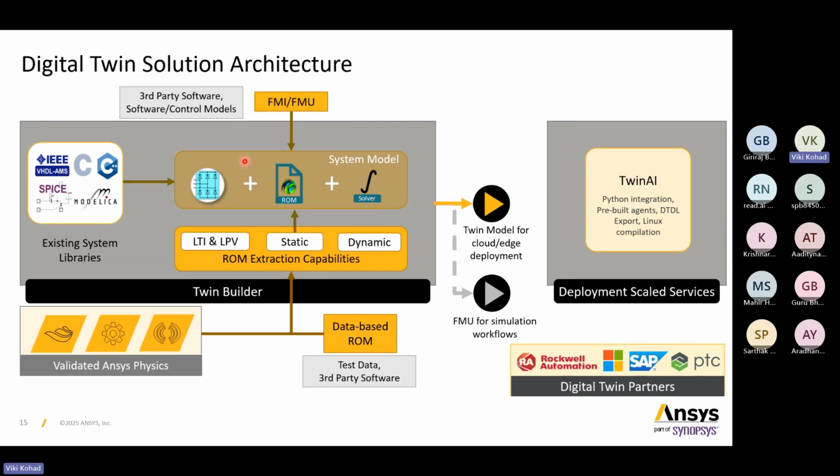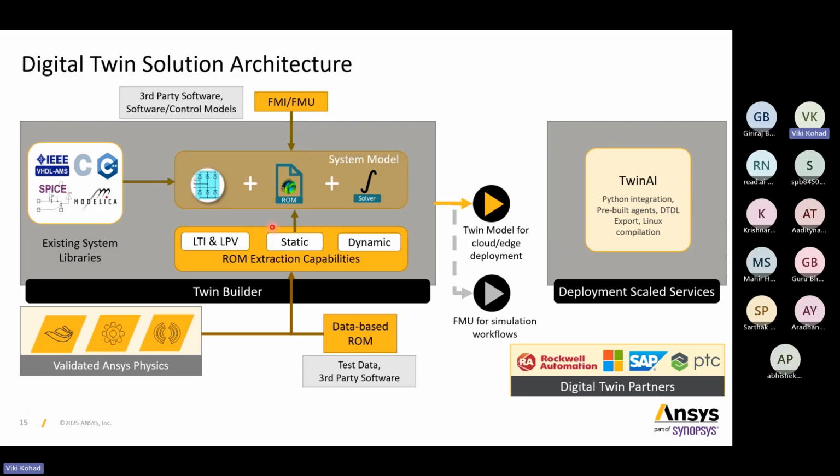A ROM model is basically a compressed model that retains accuracy and the dominant data. Whatever dominant data you have in your model, it compresses and retains that dominant data, and by using that dominant data it solves the model.